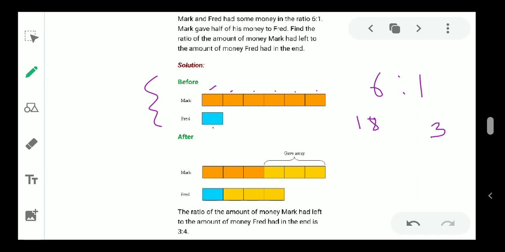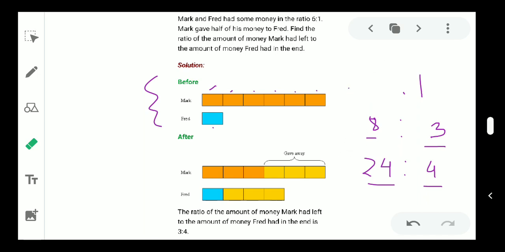If he had 18 and Fred had 3, this ratio will still give the same result. If Mark had, let's say, 24 and Fred had 4, this ratio will also give the same result. So you cannot say the definite amount Mark and Fred had.